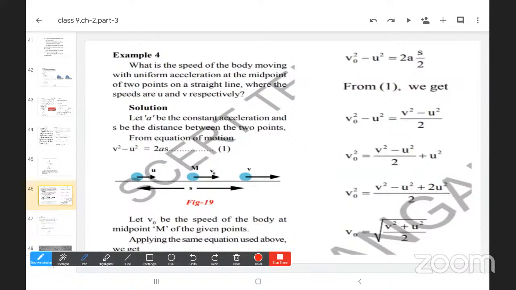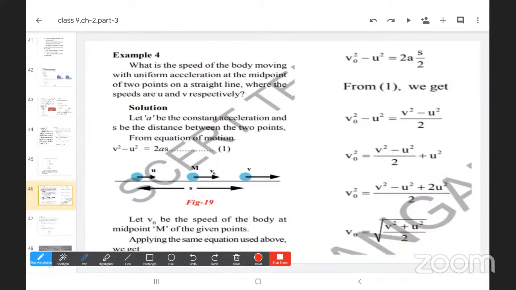So here the speed of the moving body with a uniform acceleration, at the midpoint of 2 points on a straight line, where the speeds are u and v respectively. Look at here, the speed of the moving body is with a uniform acceleration, at the midpoint of 2 points on a straight line.